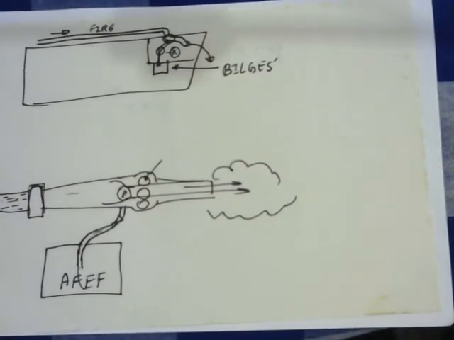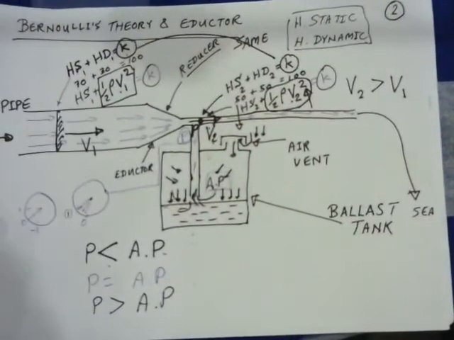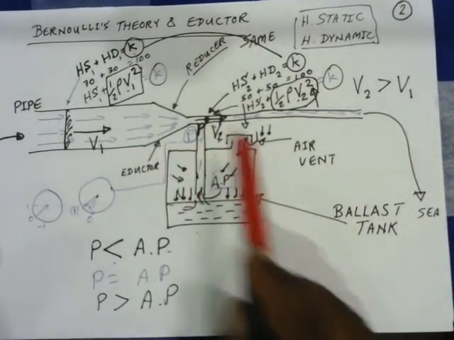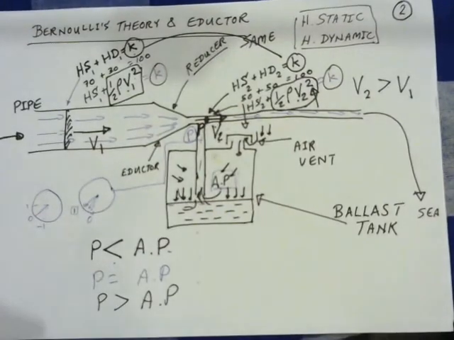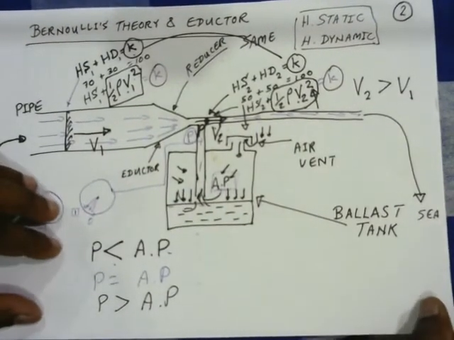So this is again an eductor system that you can find on board. If we go back to the eductor system, we can come to two conclusions from Bernoulli's theory.